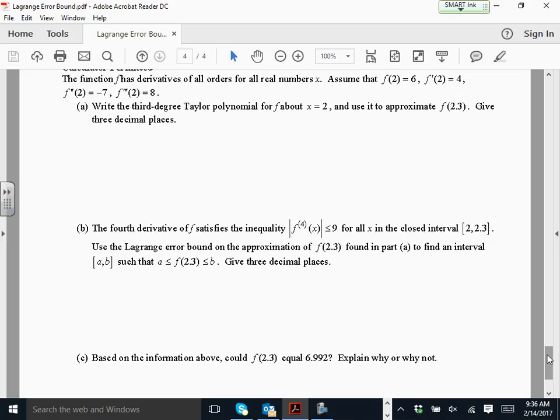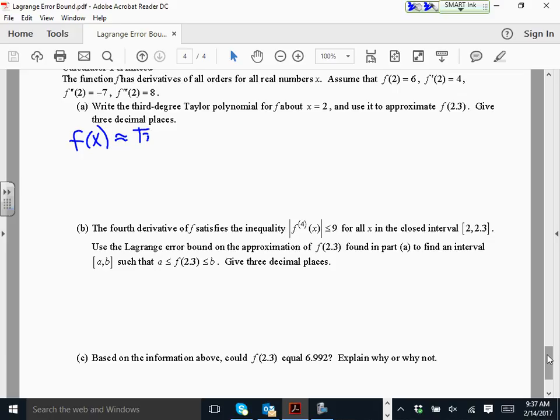I want a 3rd degree polynomial about 2, and we're going to use it to approximate f of 2.3. Okay, so this is cool, right? Our f of x is approximately our Taylor polynomial of 3rd degree.